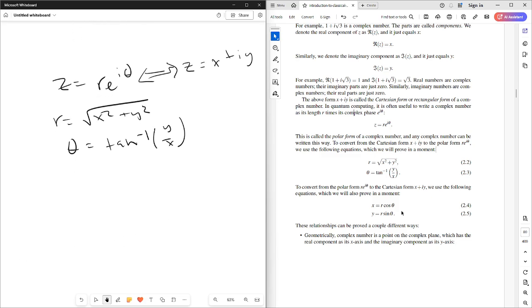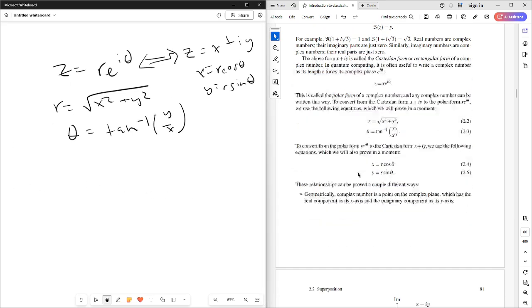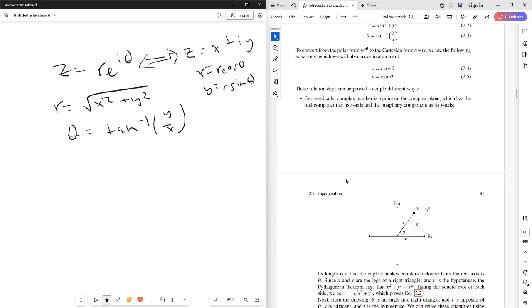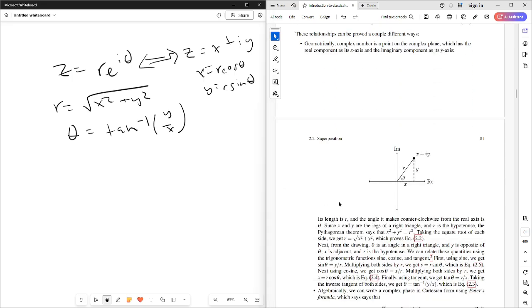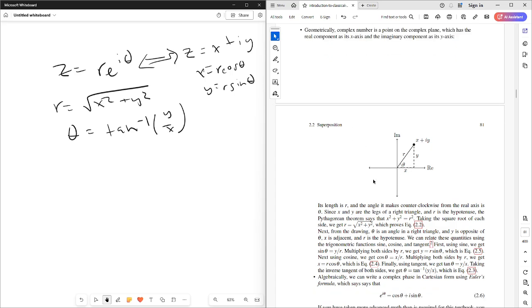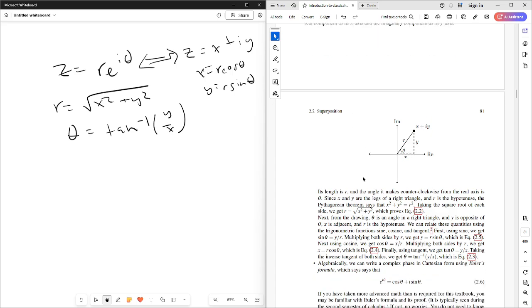All right, and in that case, x equals r cosine theta and y equals r sine of theta. So let's look at how you can prove this geometrically. Fine, let's look at that.